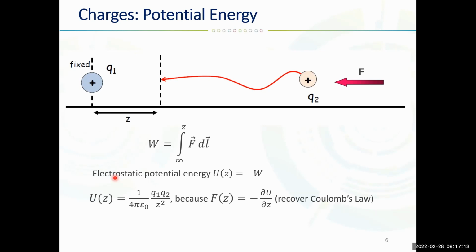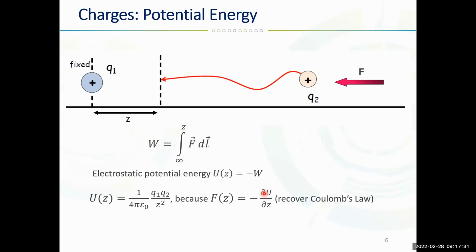final orientation. So the interaction potential energy is useful because if you take the negative derivative of the interaction potential energy, you'll get the force that acts on these charges.